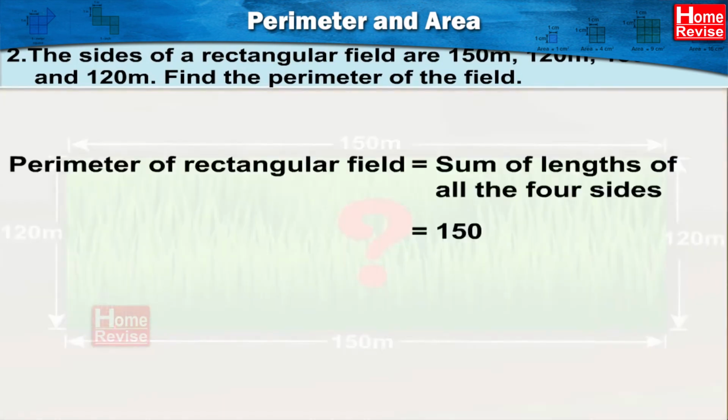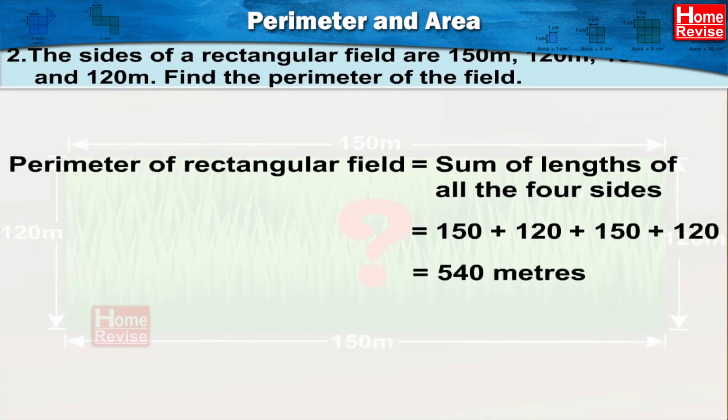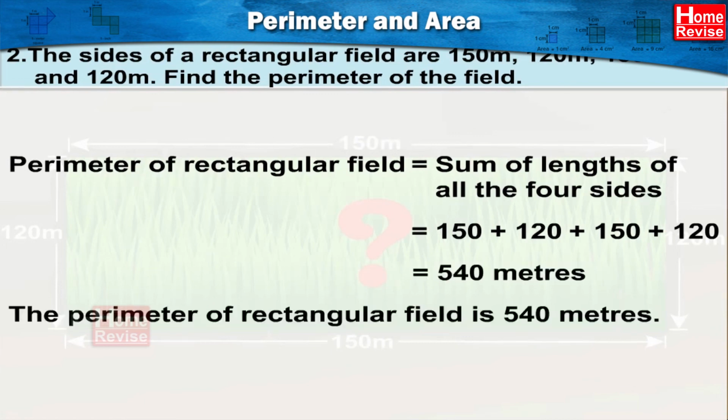So it would be 150 plus 120 plus 150 plus 120, which is equal to 540 meters. So, the perimeter of the rectangular field is 540 meters.